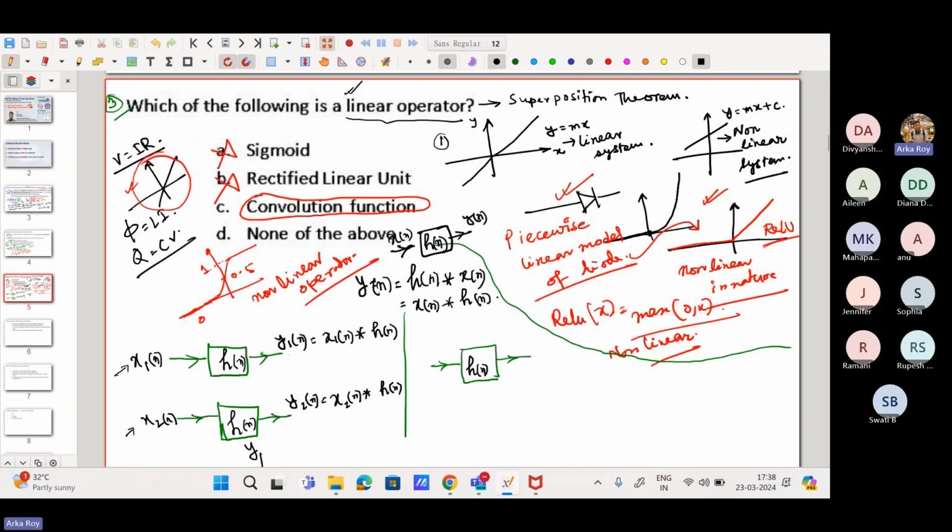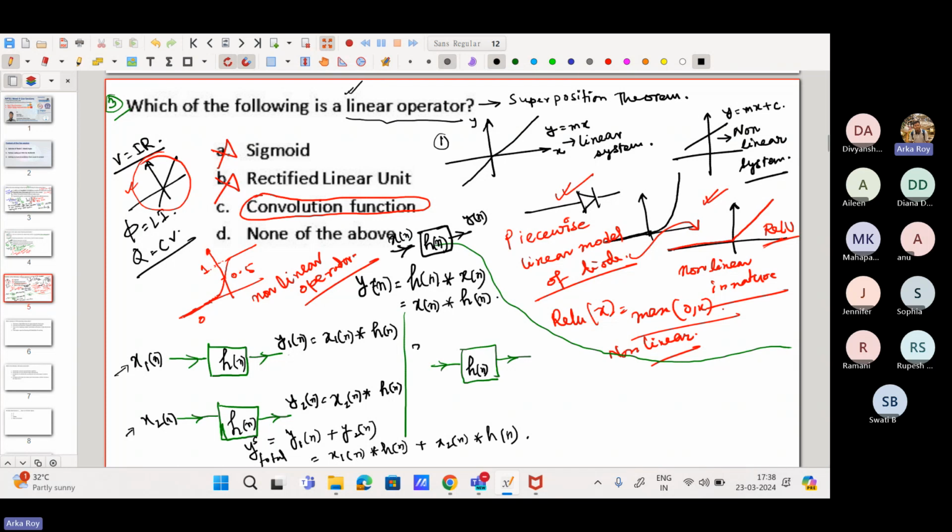Let us consider y total, with superscript s, which tells you that I have fed them separately. So y total will be y1[n] plus y2[n], which is x1[n] convolved with h[n] plus x2[n] convolved with h[n].